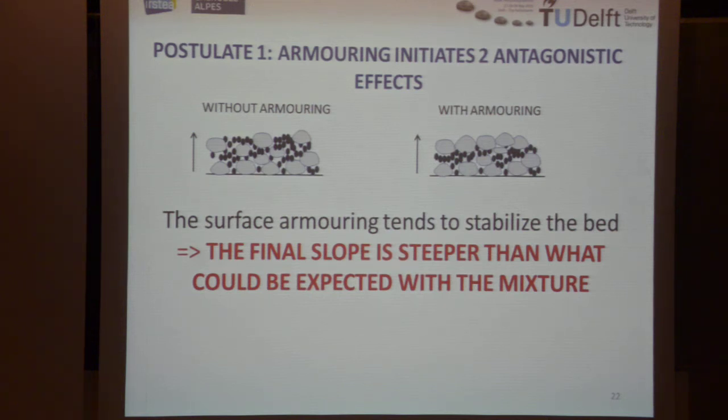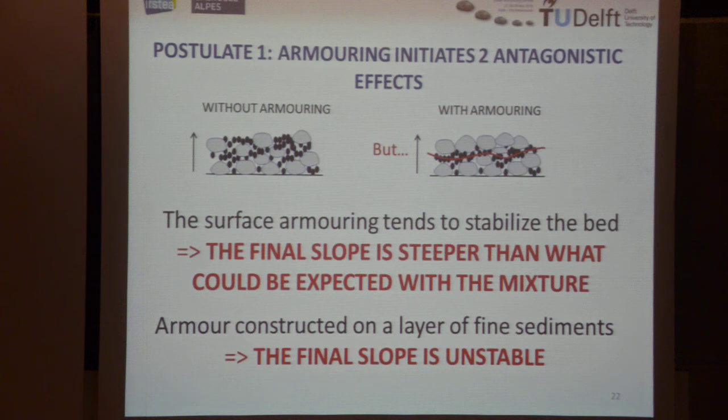So if you consider the same flow condition, in one case the bed creates an armor, and in the other case you don't have any armor. But because of this very efficient trapping and the construction of the fine layer below the coarse layer, the armor is constructed over this fine sediment layer, and the final slope is steeper but unstable.